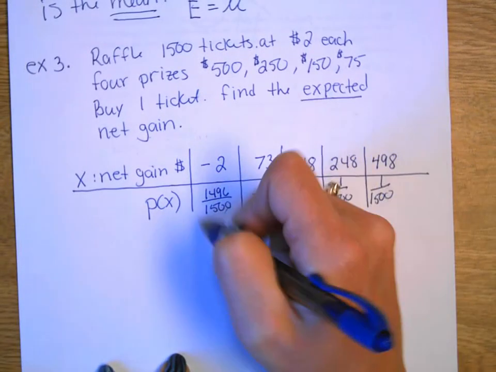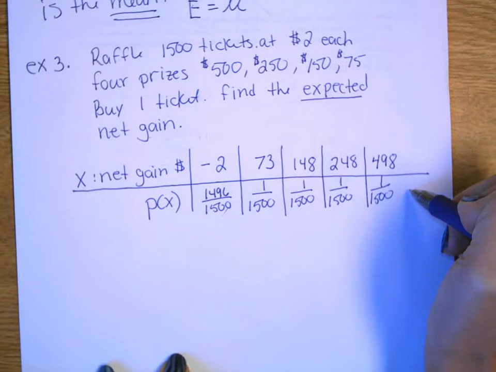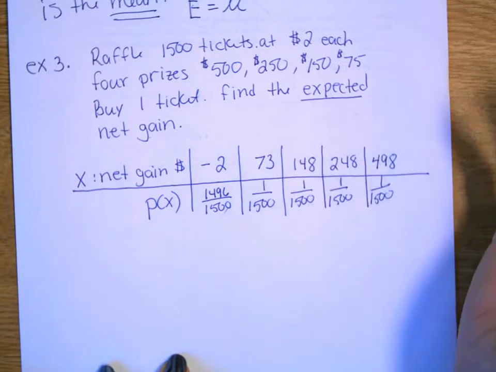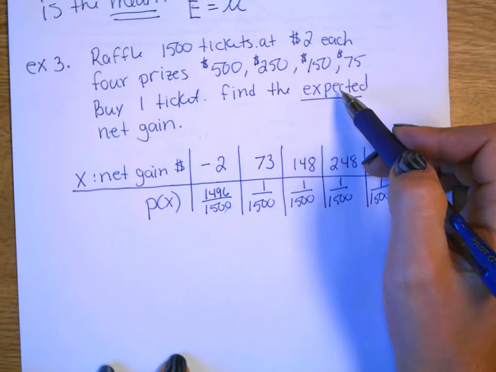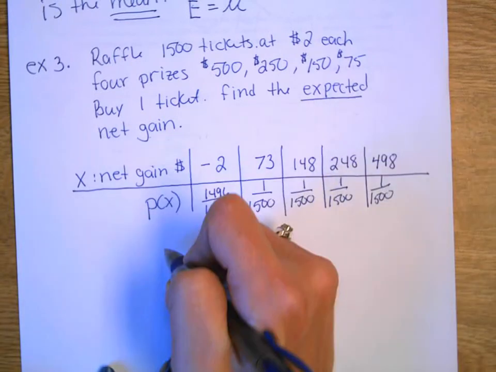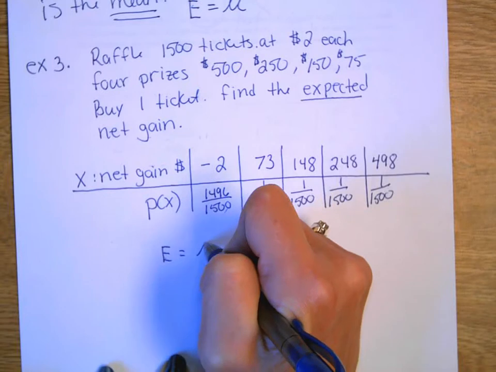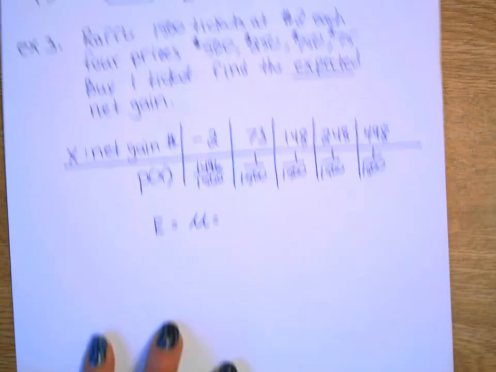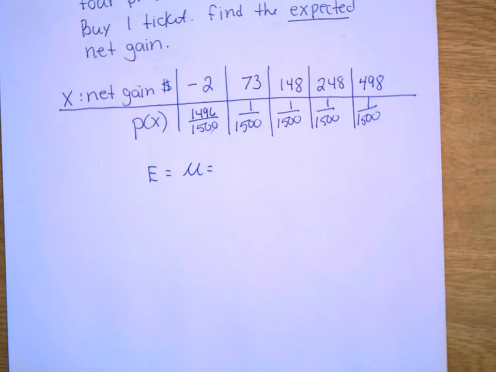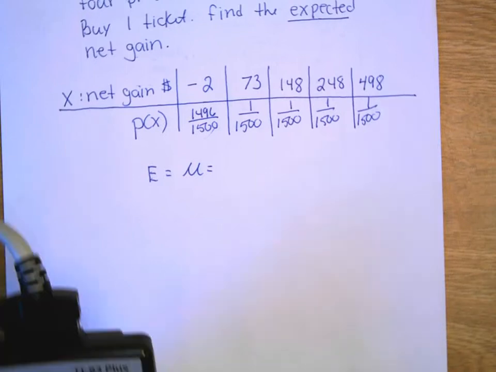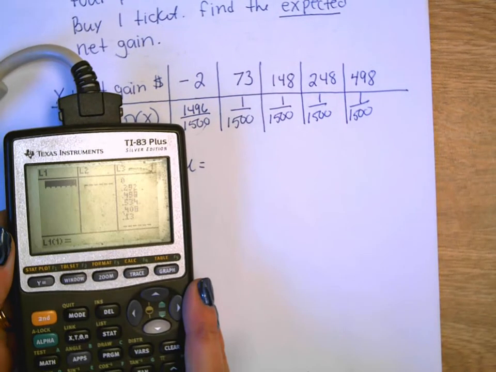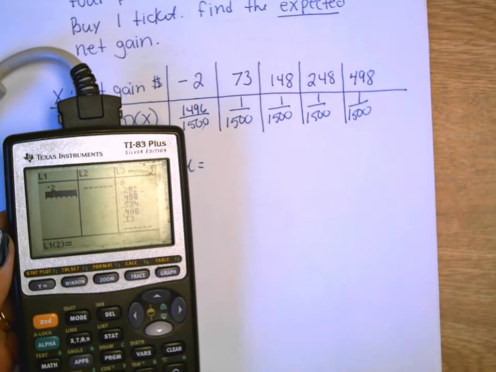Notice the probabilities will add up to 1, so it's a probability distribution. So now, we're not going to do it the long way. All I need to get the expected net gain is find the mean. So the expected net gain is the mean. We're going to use 1-var stats here. So we only need the 2 lists. So -2.